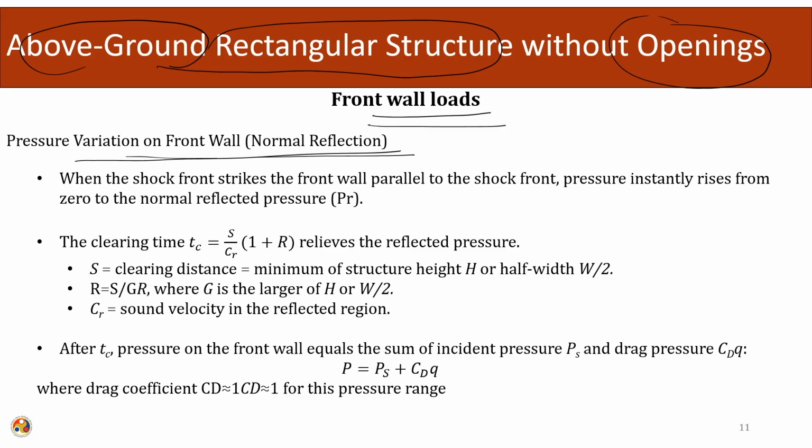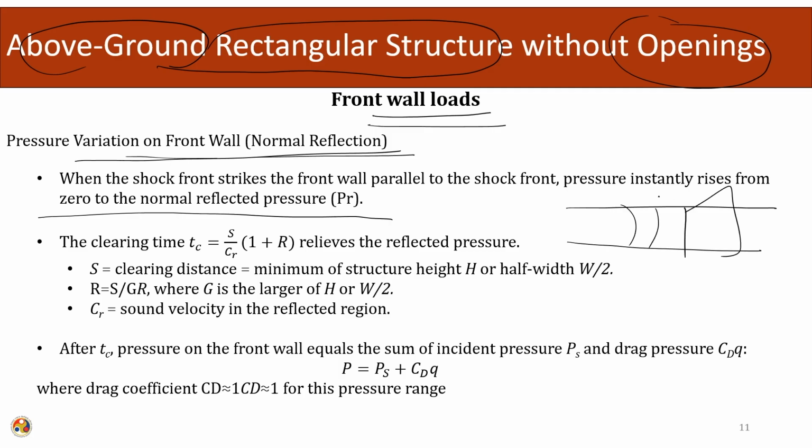When the shock front strikes the front wall parallel to the shock front, pressure instantly rises from 0 to the normal reflected pressure. So this is my front wall, and the blast is hitting the front wall. The rise in pressure is instantly from the ambient pressure to the reflected pressure.